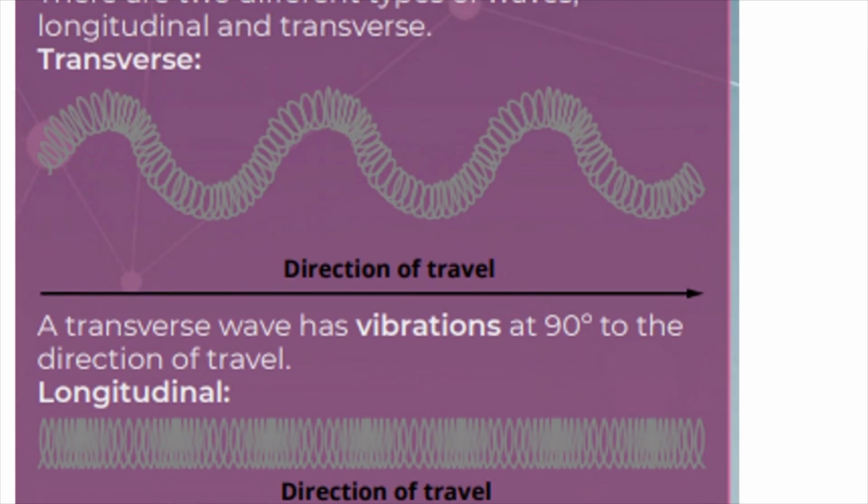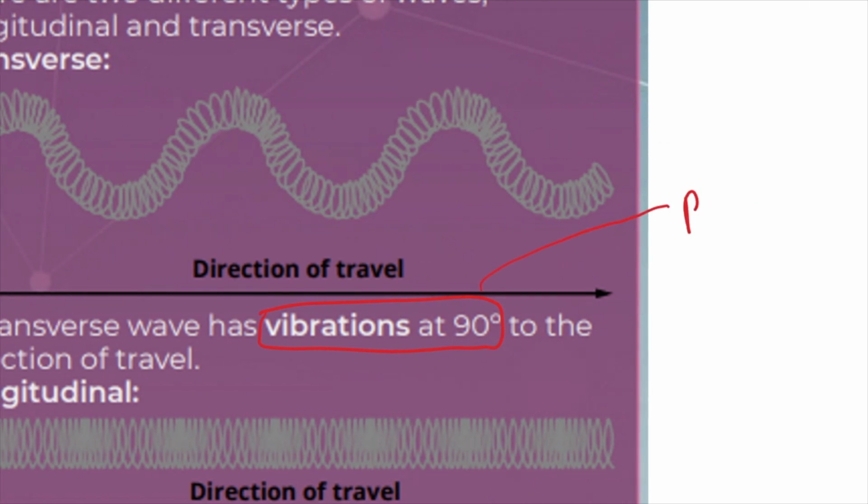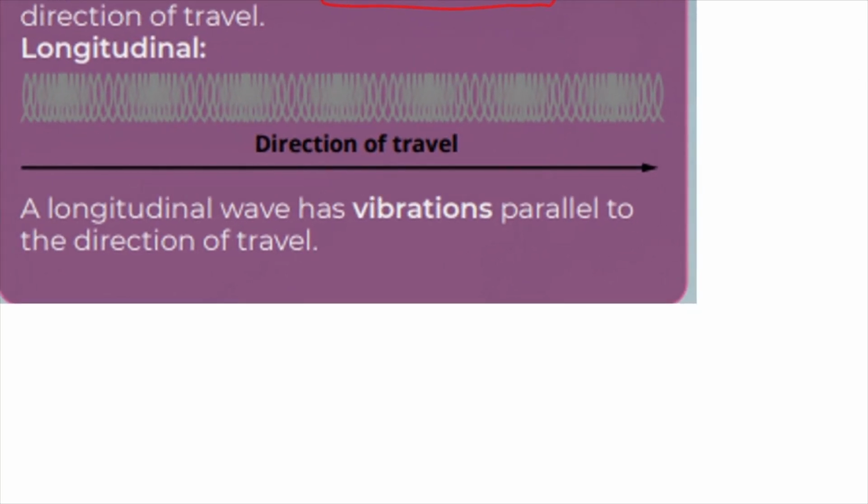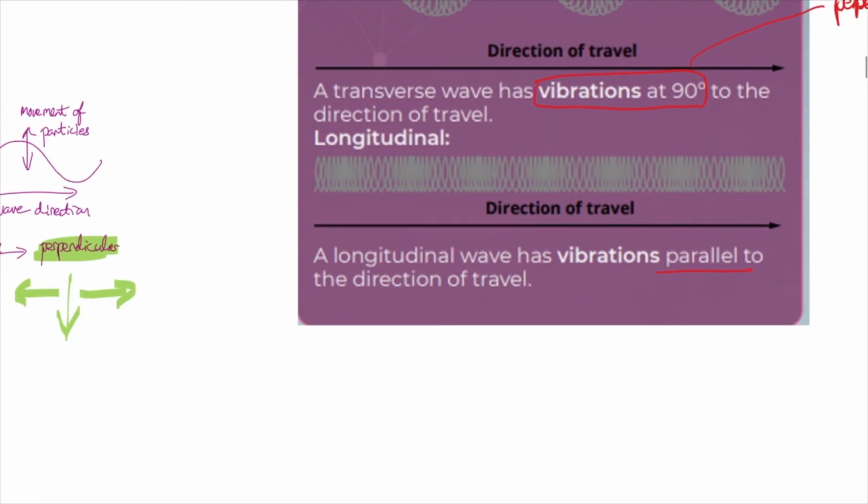Keywords again, transverse wave, vibrations 90 degrees. Remember, you can use perpendicular instead of 90 degrees. And for longitudinal waves, vibrations are parallel to the direction of travel. You need to learn and remember that.